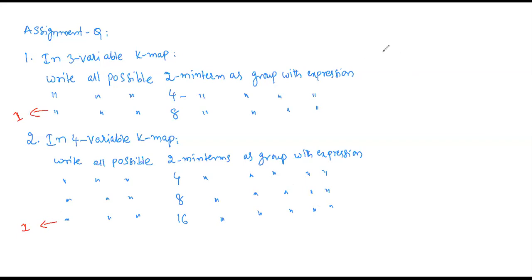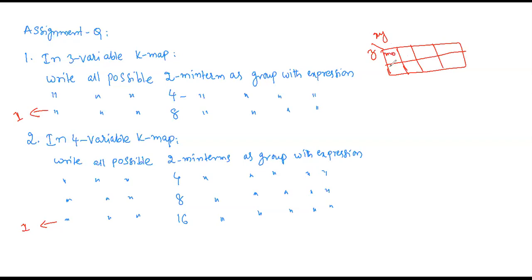So write all possible two minterms as a group with expression. This is the two variable or three variable K-map. Write all possible two minterms as a group.